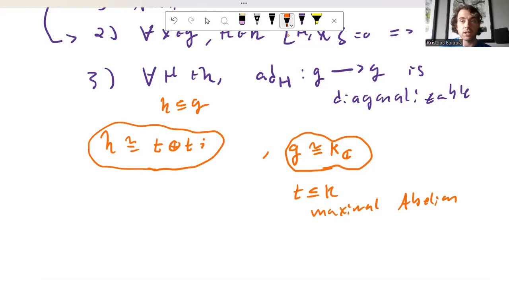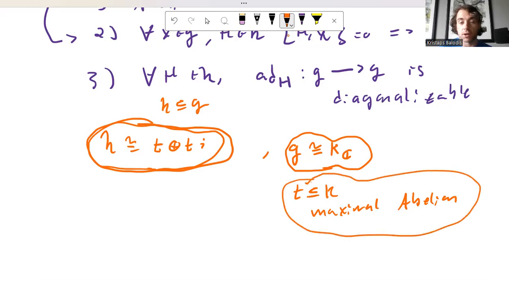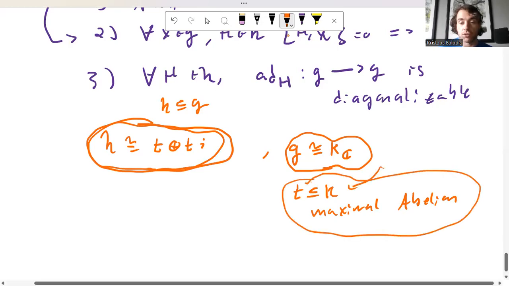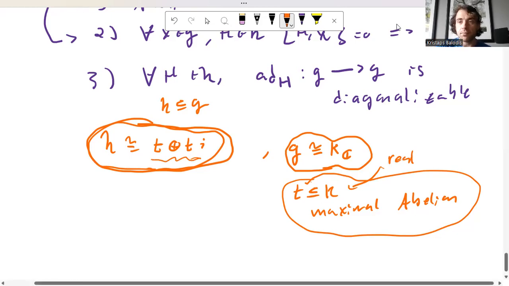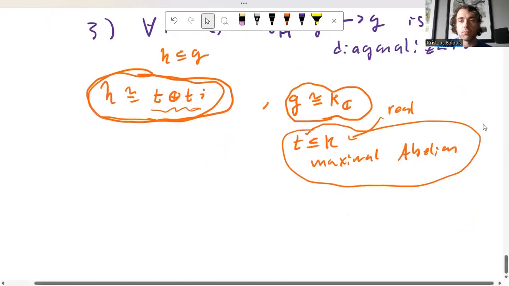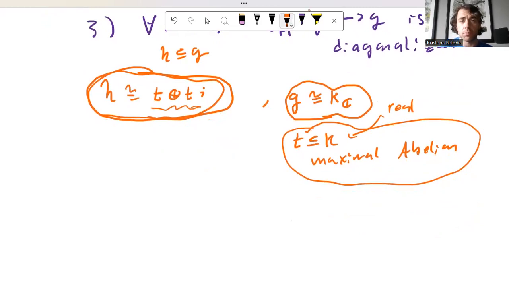It says that every Cartan subalgebra is of this form, and given any maximal abelian subalgebra in K, so K is real, by the way, if you take this direct sum, the thing that you get will be a Cartan subalgebra.